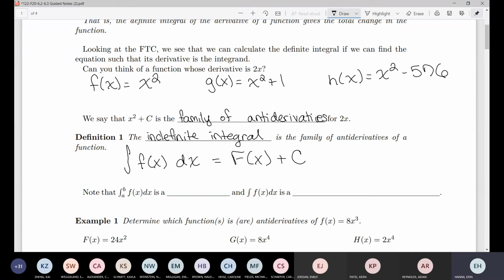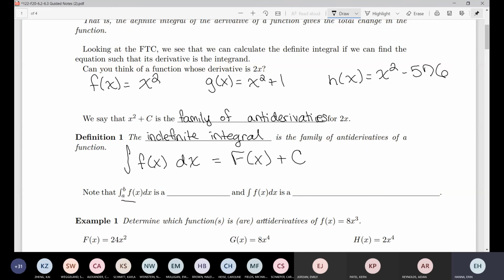So we don't have prime notation here. We just use the capital letter to denote we're going backwards. Notice I have no bounds on that integral. That's okay, and that's actually specifically what an indefinite integral is. We'll talk about a definite integral, which is the one with bounds, later.